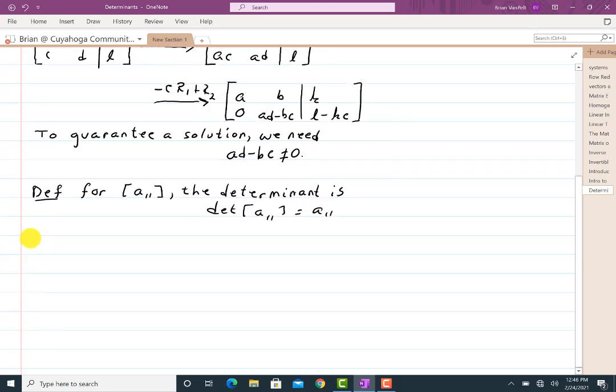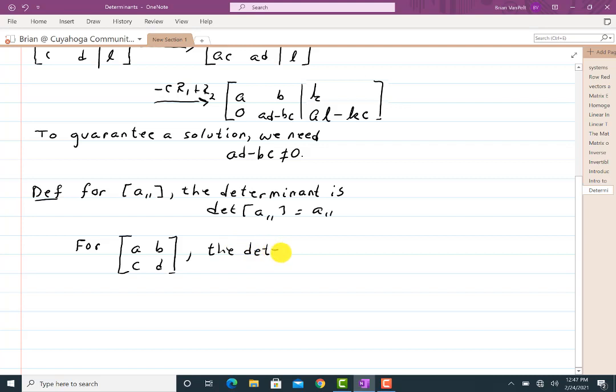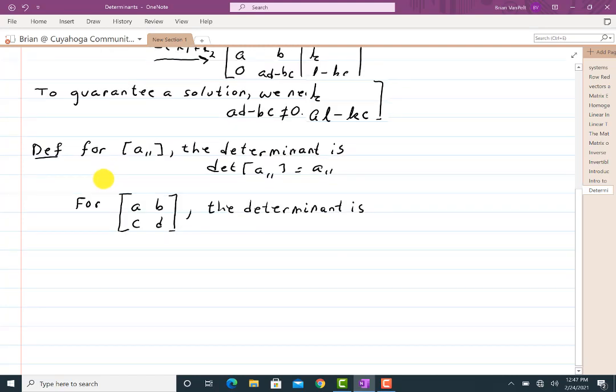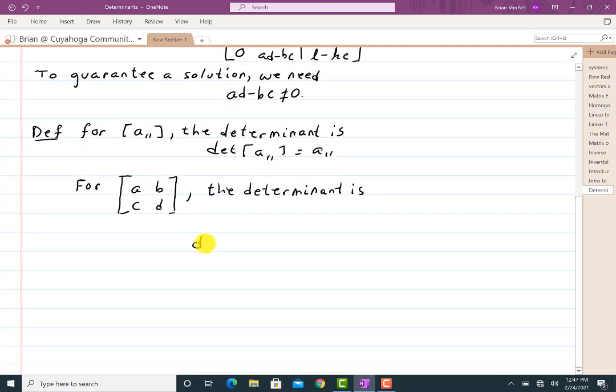But if it gets a little more complicated, like the last one, once again we put the det in front of the matrix.